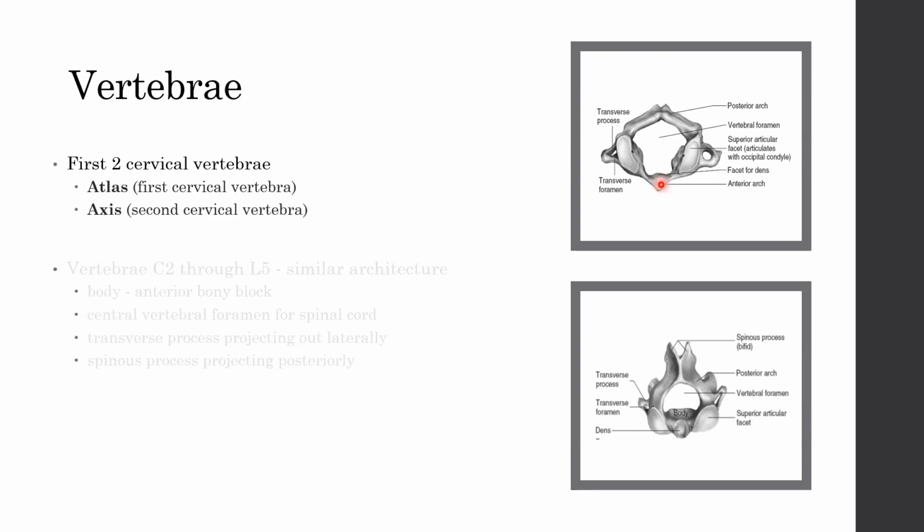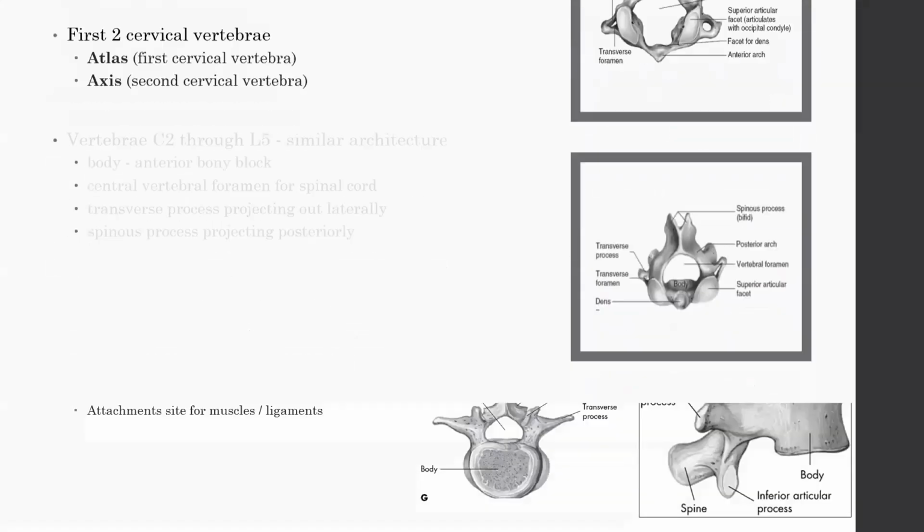So having a body on the anterior side may impede our ability to flex our head. You notice on the axis, we begin to have some formation of a body. The official name of that would be our dens, but in both vertebrae, we'll still have our transverse processes, our central vertebral foramen, and the beginnings of our spinous processes.